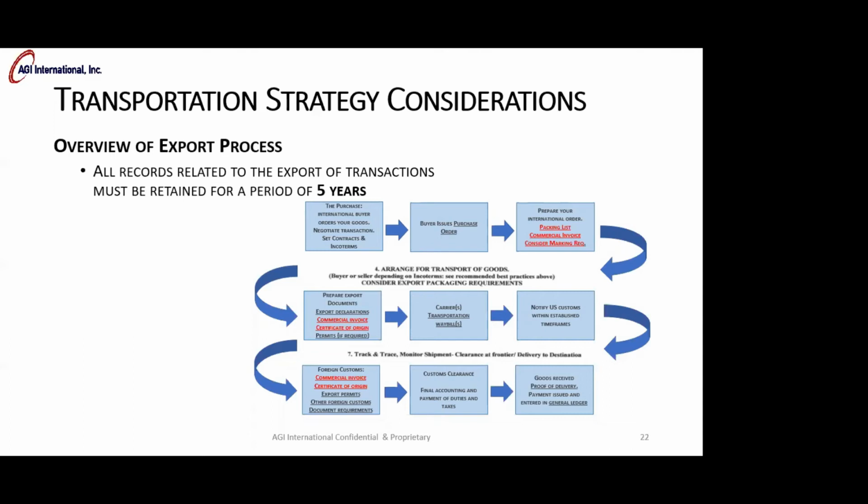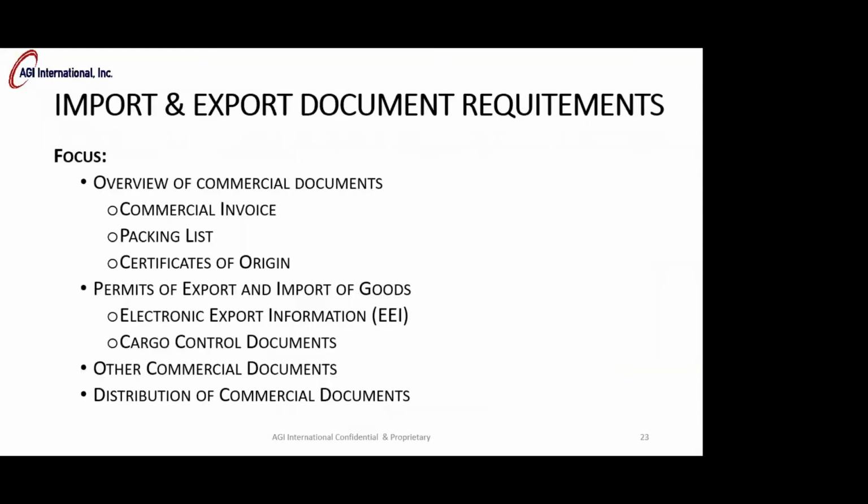And then it goes through its clearing process: final counting, payments, making sure the duties and everything are paid, goods received, proof of delivery, payment issues, and you enter that into the general ledger. So that's the process and the strategy it goes through once it gets from your location, however it's being shipped, to the customer's location.